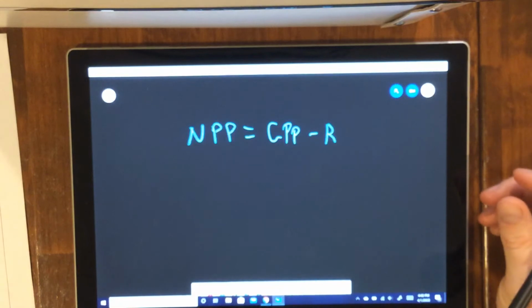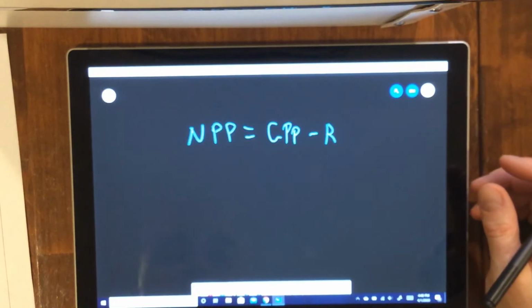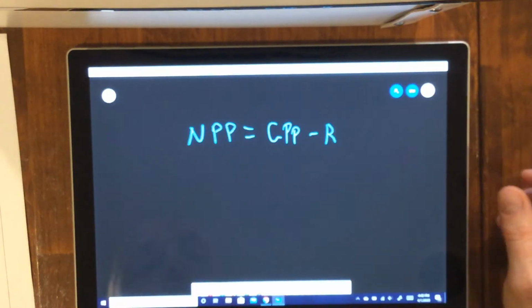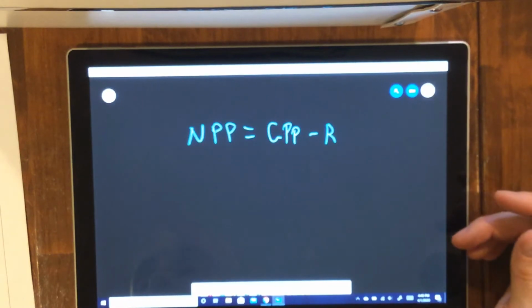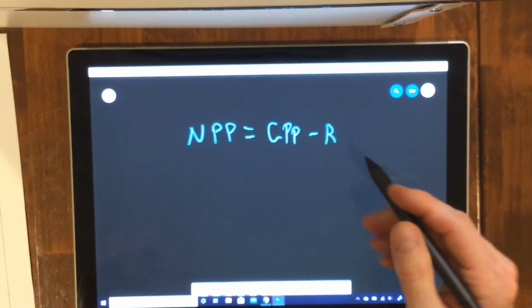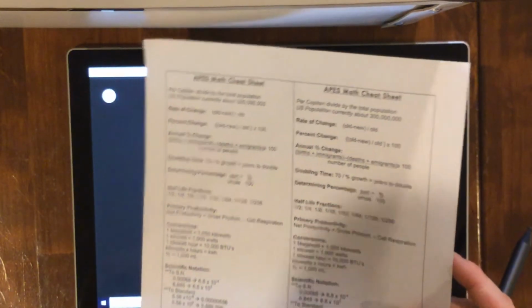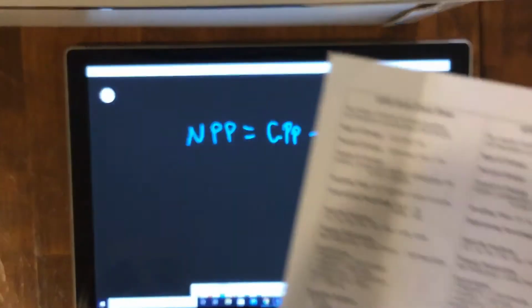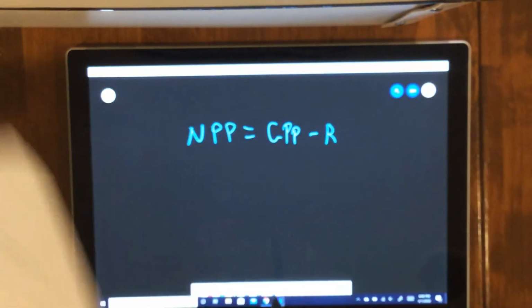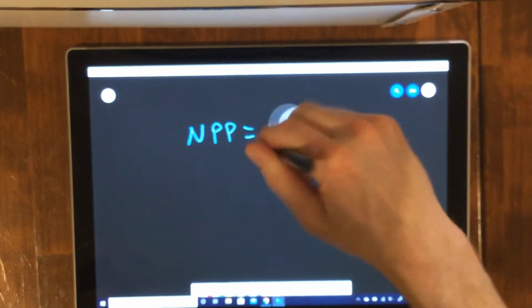So take corn, I think is what I put on that worksheet, or any sort of plant. It's going to have a gross productivity, a net productivity, and cellular respiration, which occurs typically at night because there's no sun to do photosynthesis, because those two work basically in equilibrium.